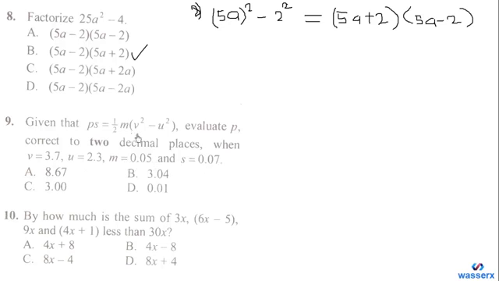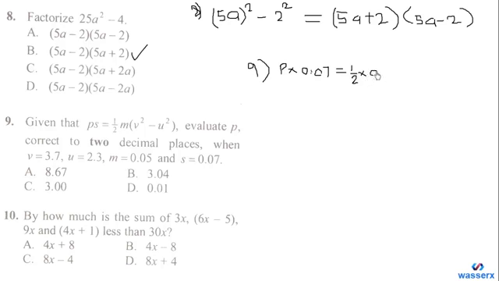With this question 9, we just have to do some substitution and solve for P. So we're given the values already. So for question 9, substitute for S, which is 0.07, will be equal to half times M, but the M is 0.05.